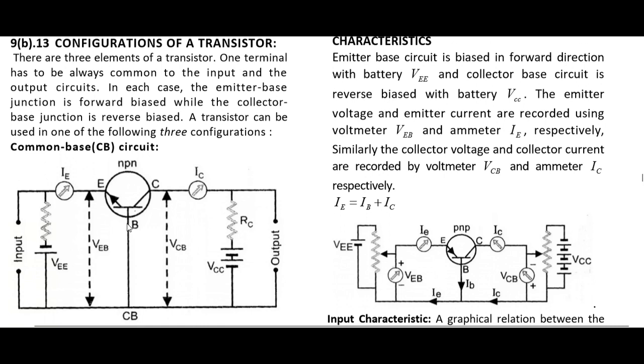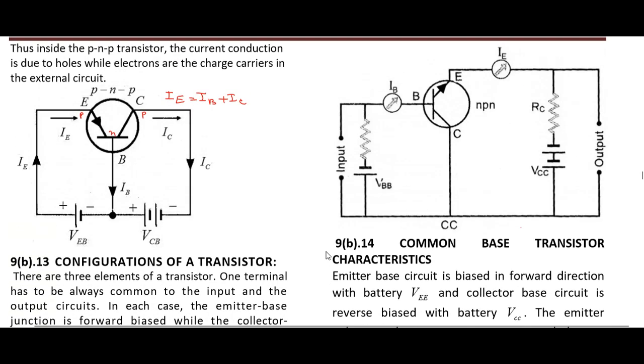Now here we have got these three configuration of transistors depending upon the terminal that you want to keep common. If you keep base common, then common base. And if you keep emitter common, then common emitter. And if you keep collector common, then common collector.